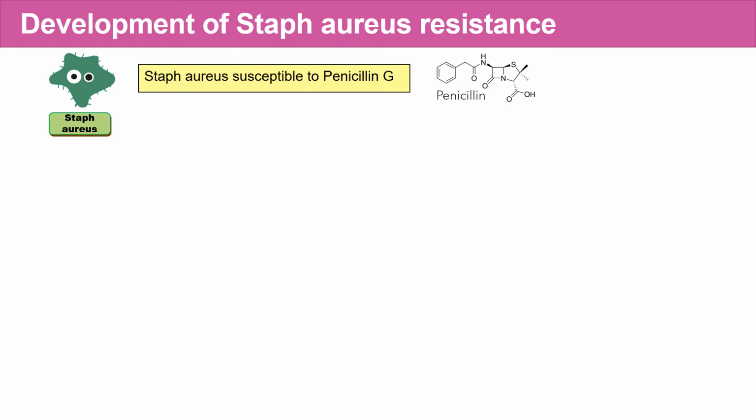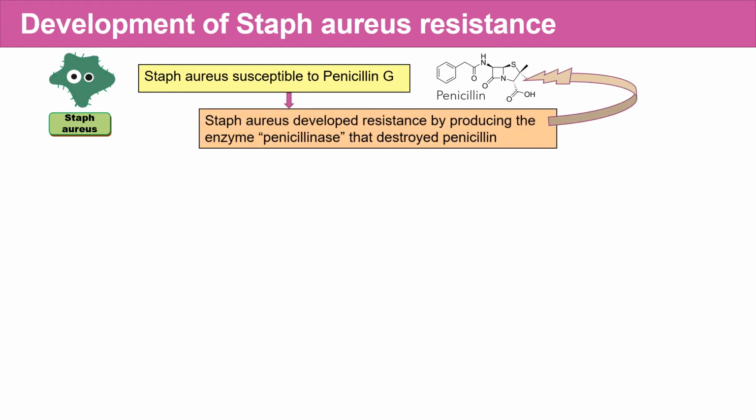Now, initially, Staph aureus was susceptible to penicillin G. However, with greater exposure to penicillin, the Staph aureus bacteria developed resistance by producing the enzyme penicillinase that destroyed penicillin. So it became smarter and more resistant.